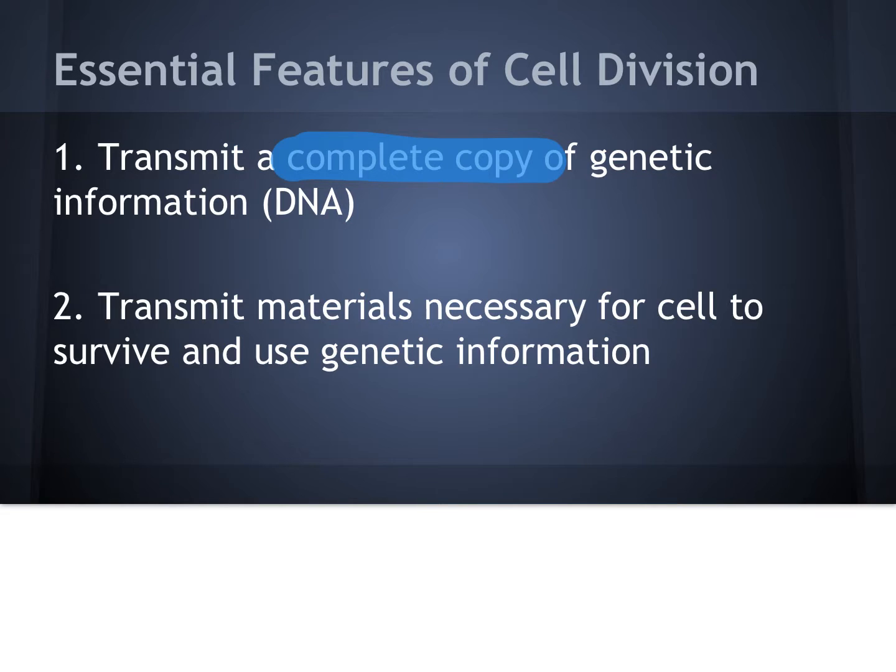All right, we also need to, as we talked about, we have all these organelles in cells. They need to also be passed on so that the cell can divide. Right, so we need to have not only DNA passed on to both of our new cells, but we also need all of those cell organelles passed on to both of the new cells that we get when a cell divides.